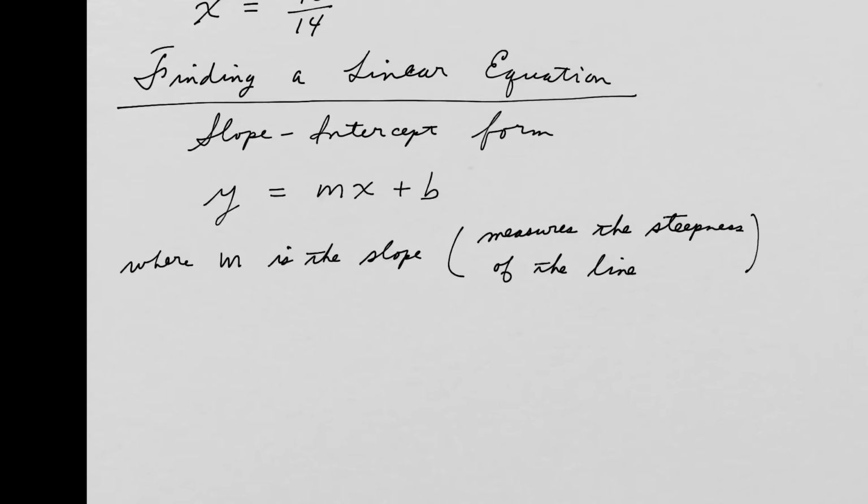And then the point (0, b) is the y-intercept. Remember, that's where the line crosses the y-axis. Sometimes we say b is the y-intercept, but really, if you're being careful, the y-intercept is the actual point, right? It's an ordered pair, x comma y. So in this case, (0, b) would be the y-intercept.